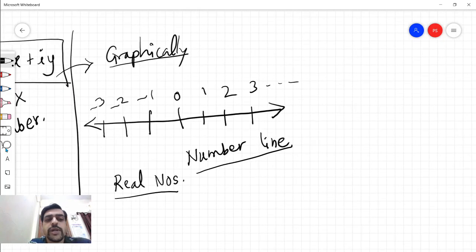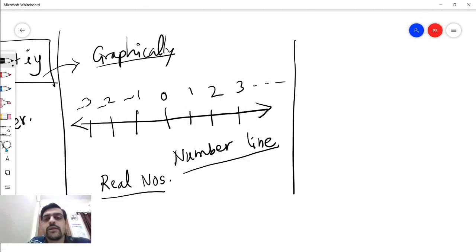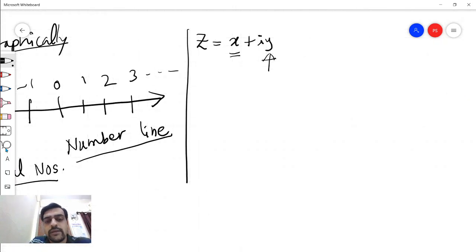Now if we want to include the imaginary unit, just look at the expression z equal to x plus iy. If we use a real number line to express the real number, we have to have another line to represent the imaginary number.